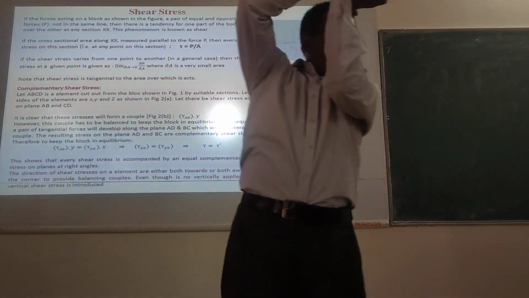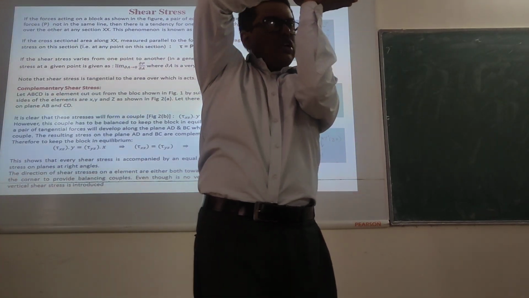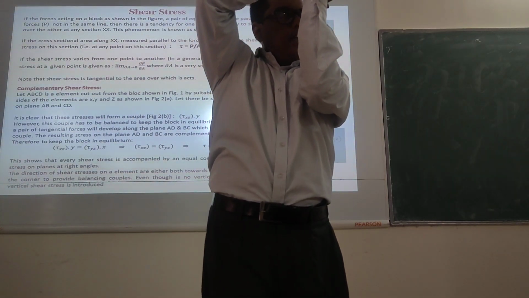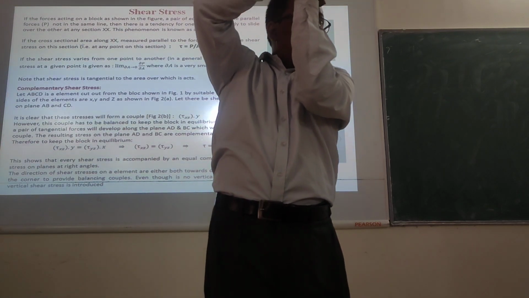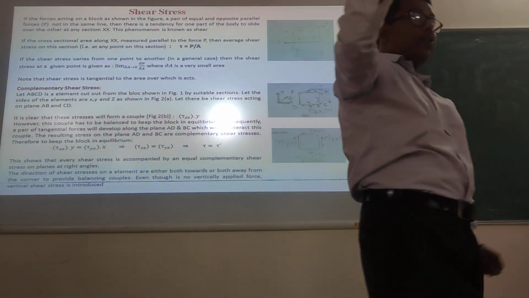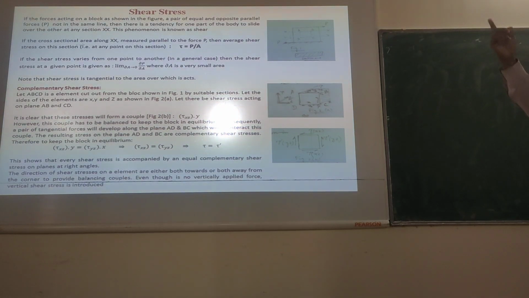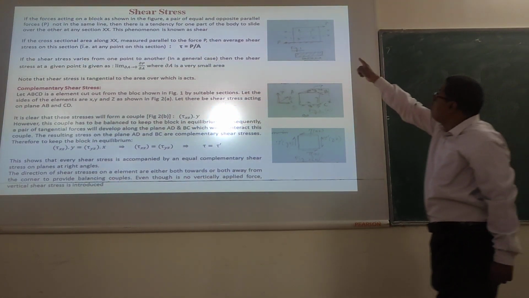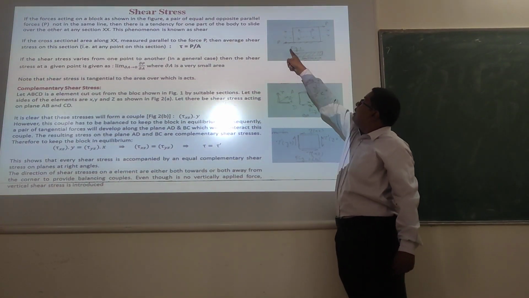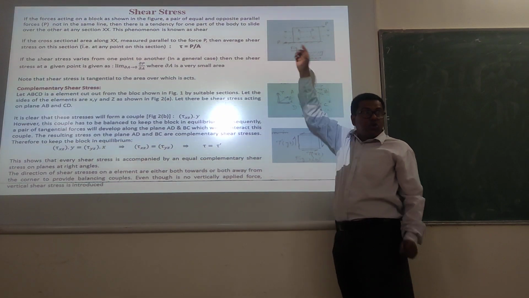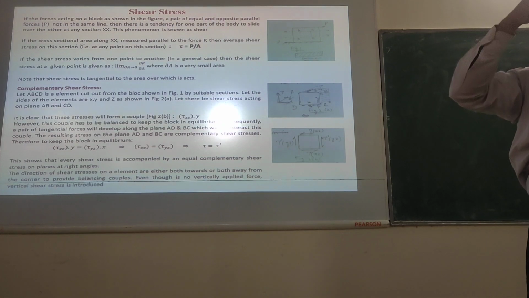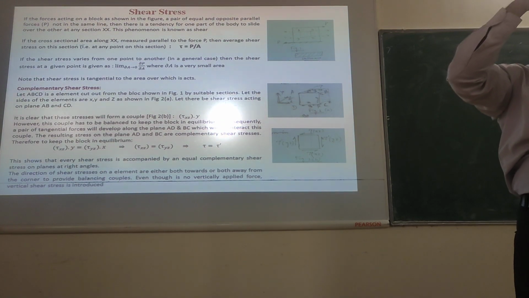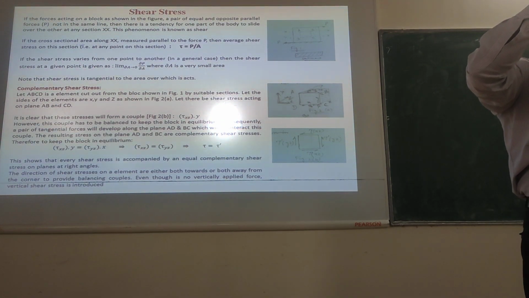Try to see, if you put your hands together like this, if I push my hand in this way, the other will be pushed in that way. So this is the nature from where you get the shear stress. Here P is acting, here another P is acting, the same force P, separated by a distance and parallel to each other.